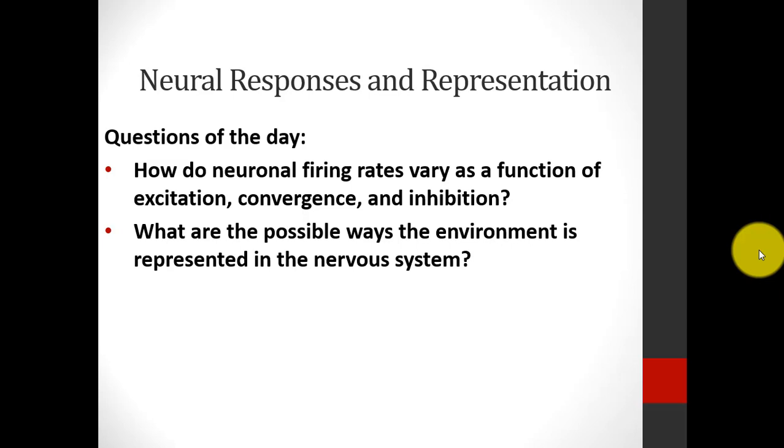So let's get started, and before we get going on any of this information, I think at a very basic level we should all understand, especially since we've had intro and that's a prereq for this class, how a basic neuron functions.